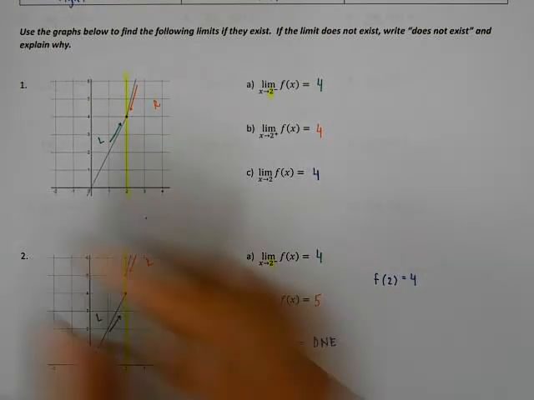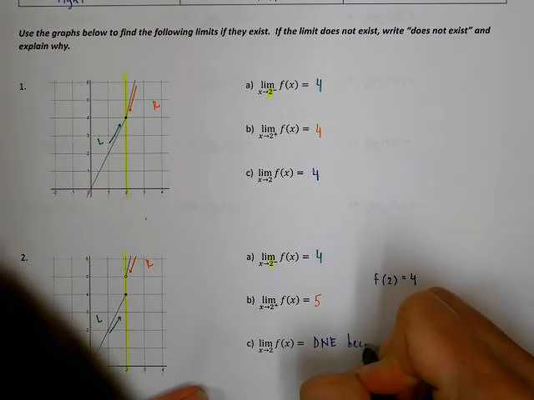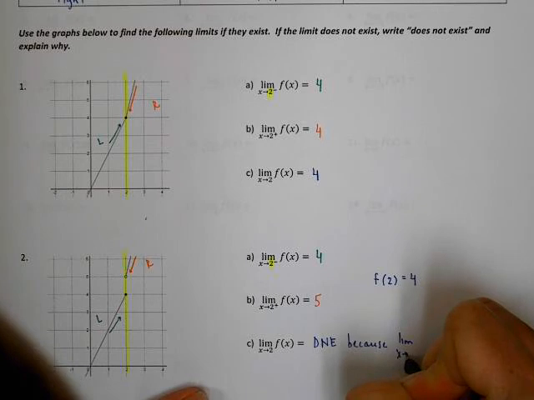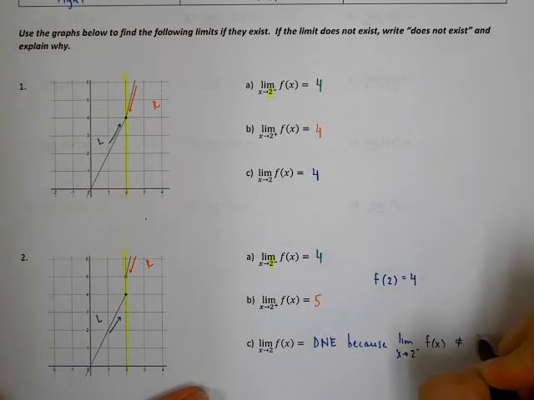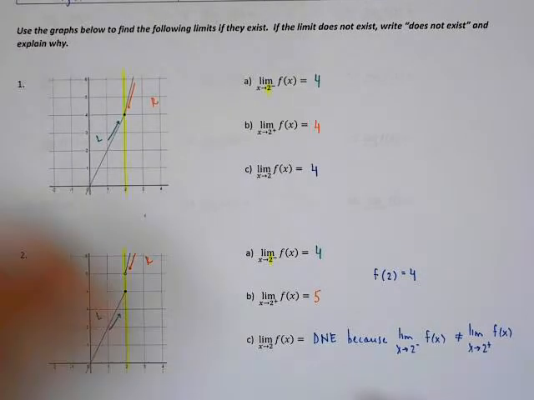And here's the explanation. We would say it does not exist because the limit as x approaches 2 from the left of f of x is not equal to the limit as x approaches 2 from the right of f of x.